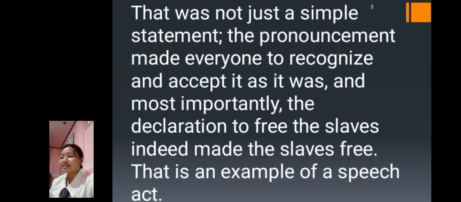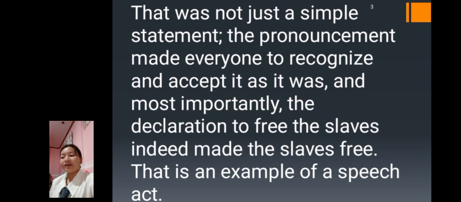And last is illustration of a speech act. This is a classic example of a speech act because it demonstrates how language, when backed by authority or context, can lead to real-world effects such as altering laws, behaviors, and societal structure.